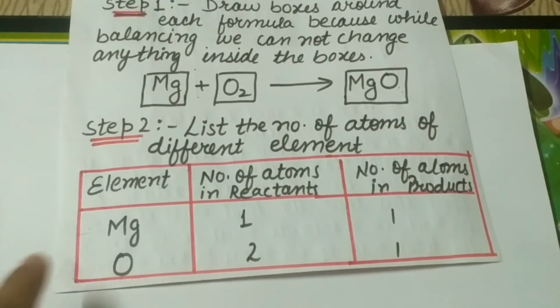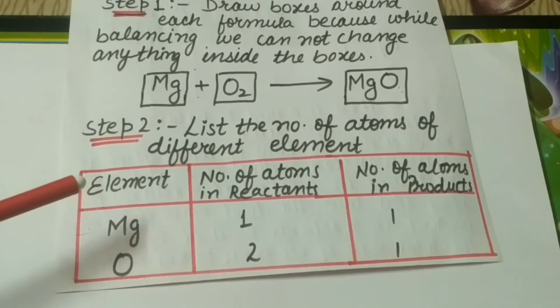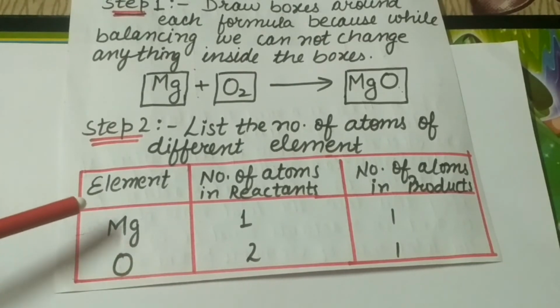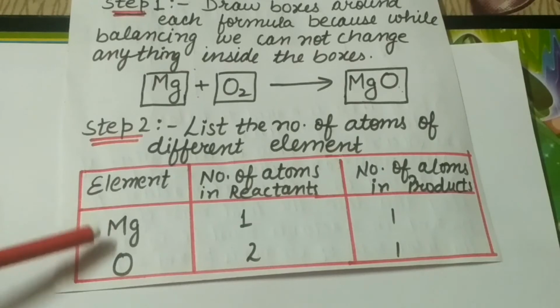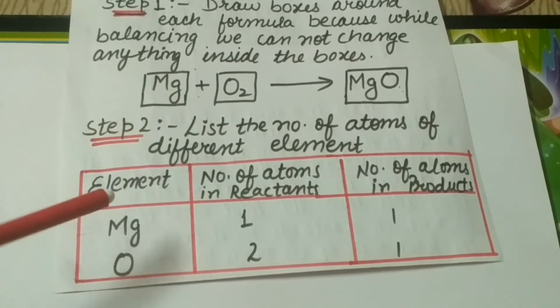As I have already done in the previous topic, the unbalanced chemical equation, we have to list the number of atoms of different elements. Here, magnesium and oxygen, only two elements are present in this equation. You have to write how many elements are present, whether it is 3, 4, or any number.